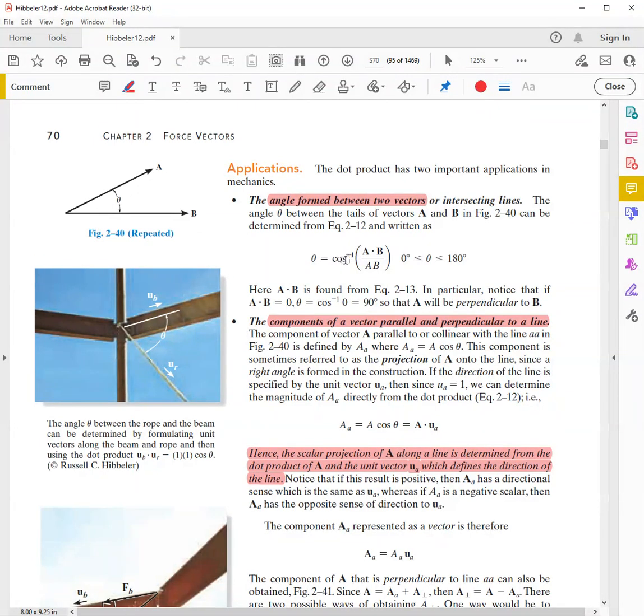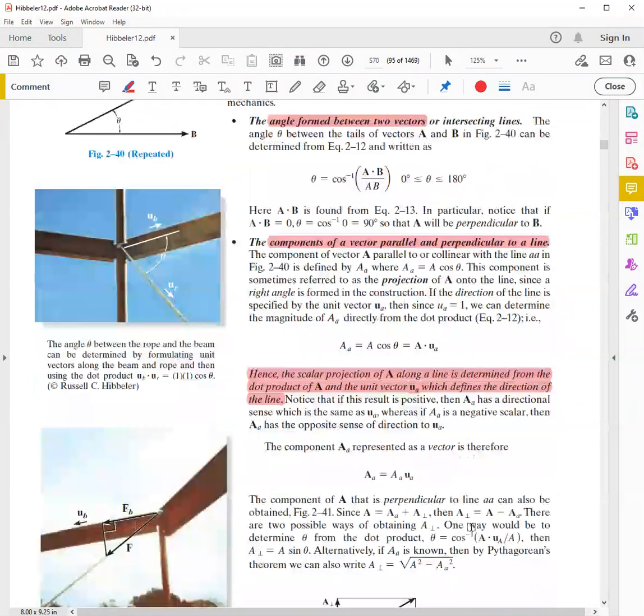Here you apply the arc cosine, and you get the angle between the 2 vectors A and B. It can also be used to evaluate the projection, a component along the direction of interest. So if we know a vector and we have a direction described by a unit vector, we can calculate the angle between the two directions by evaluating the dot product.